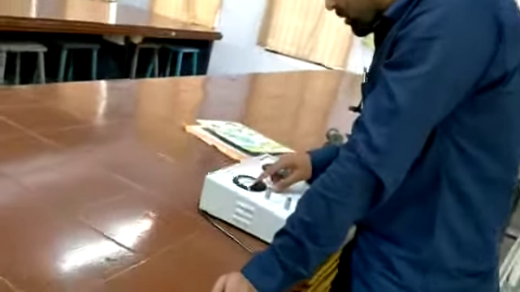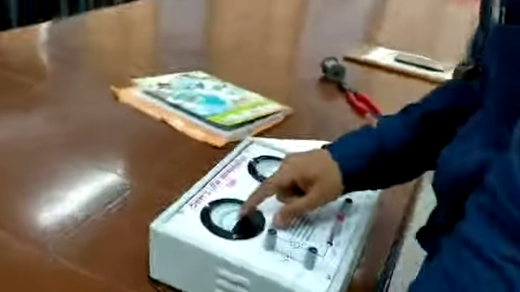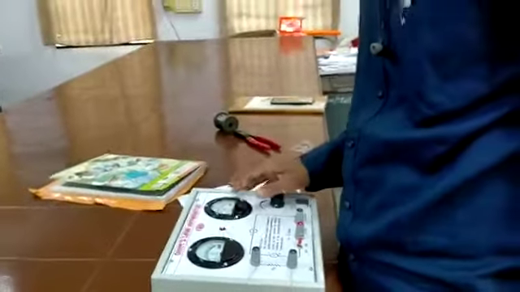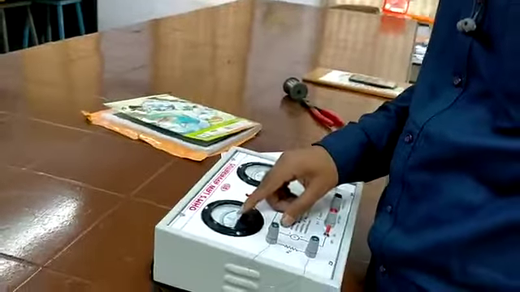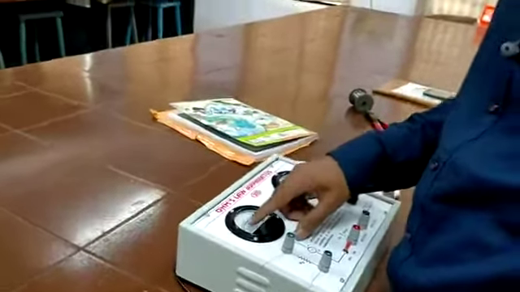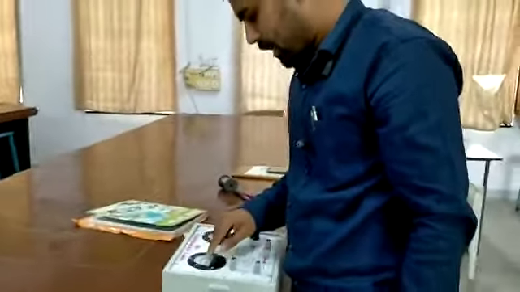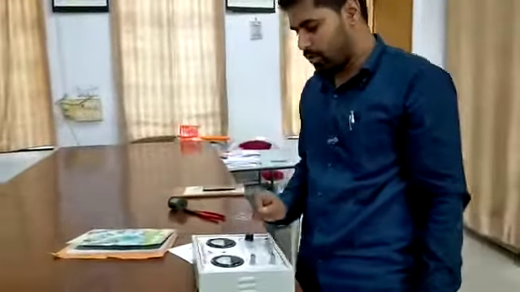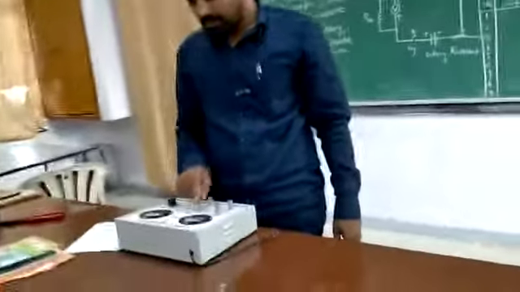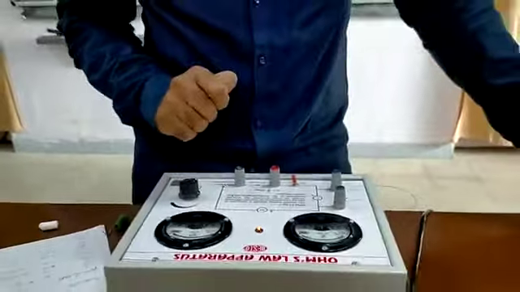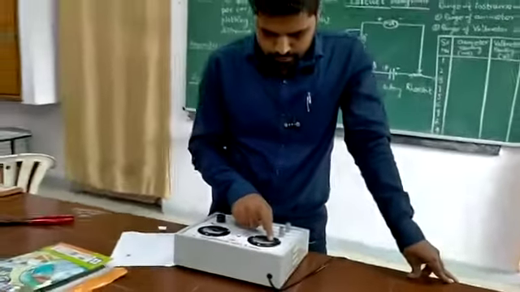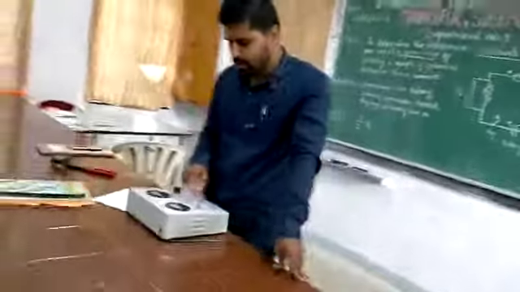Here we have to calculate first the least count of the voltmeter and the least count of the milliammeter. Whenever we calculate the least count, we have the formula: smallest division on the main scale upon the total number of divisions on the scale. Here 0 to 1 has 20 divisions. 1 upon 20 is 0.05 volt.